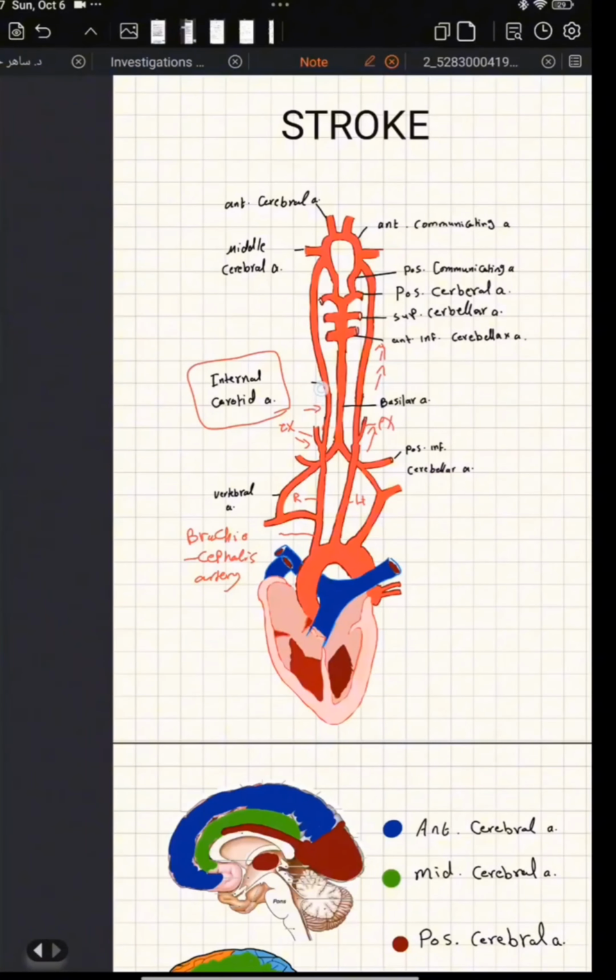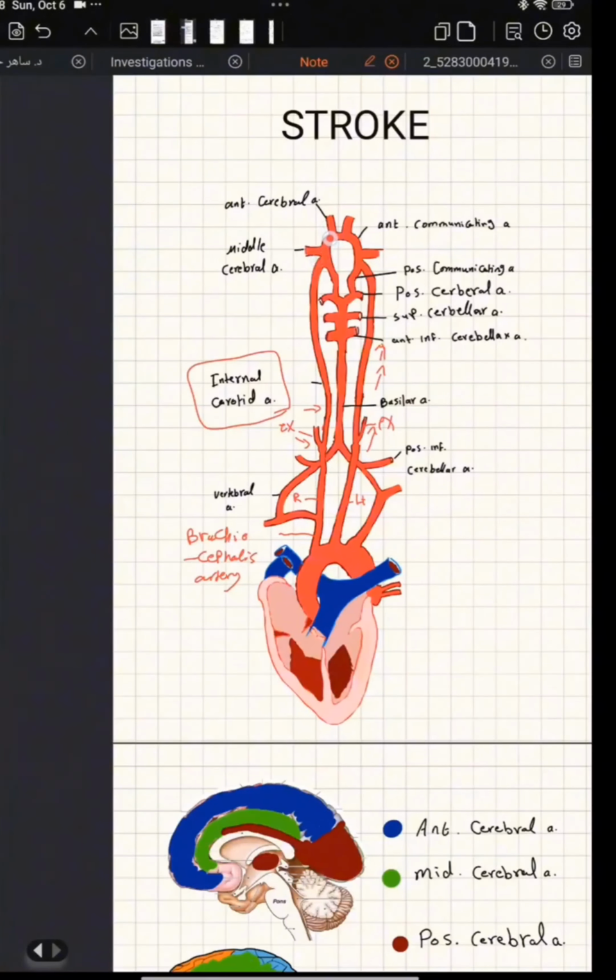Now the internal carotid artery will ascend upward, and here it will give a branch which is the middle cerebral artery, and a branch here which is the posterior communicating artery. Anteriorly, there is the anterior communicating artery. So the posterior communicating artery, the anterior communicating artery, and the middle cerebral artery.